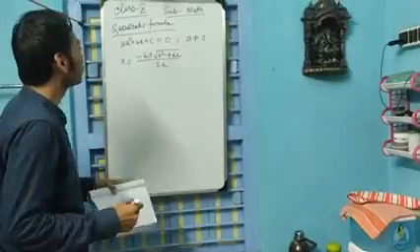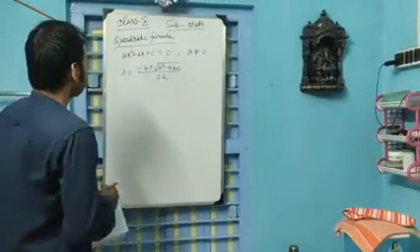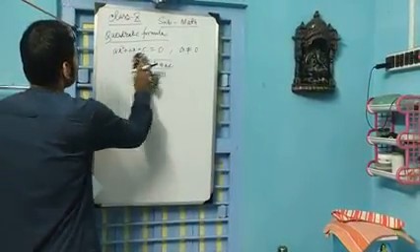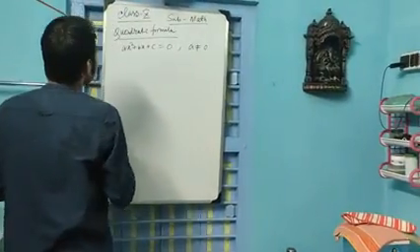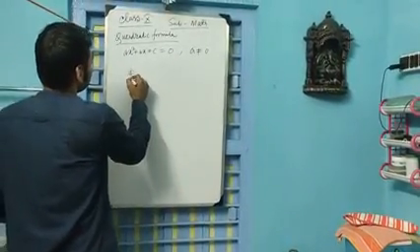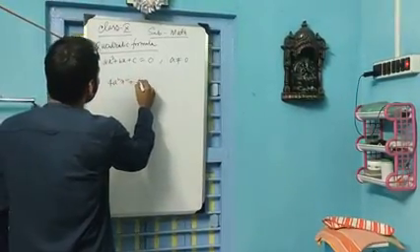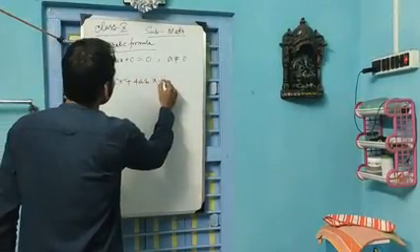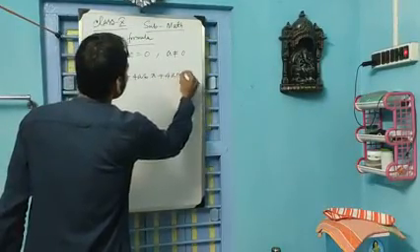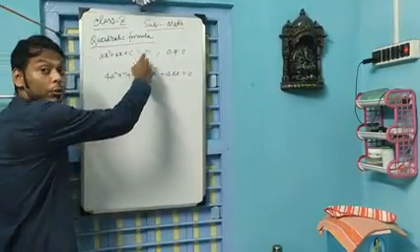Now we will prove the quadratic formula here. First of all, we will multiply by 4a on both sides. So we get 4a²x² + 4abx + 4ac = 0. Multiplying 4a with 0, you get 0.